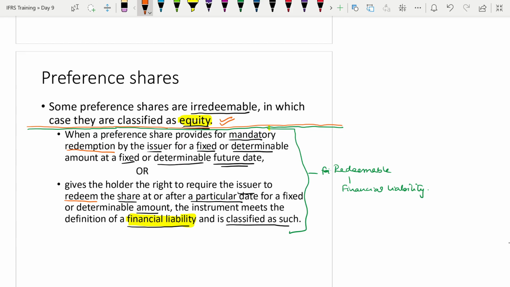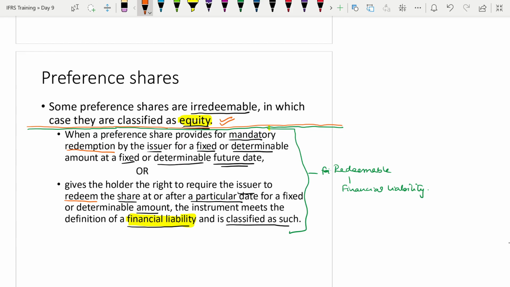Every other entity in the world has equity share capital only. They have made things a little more clear on this.